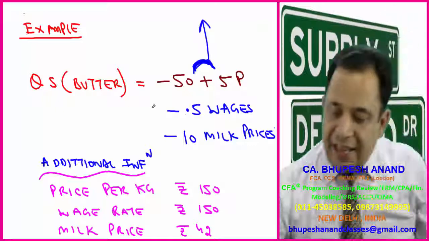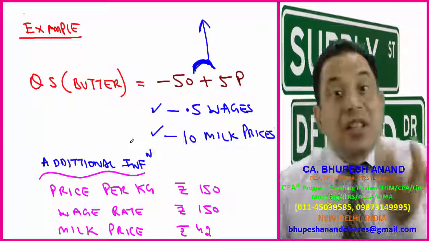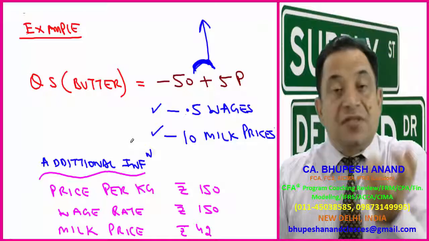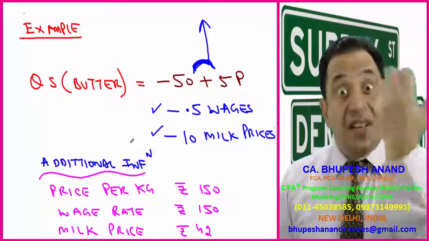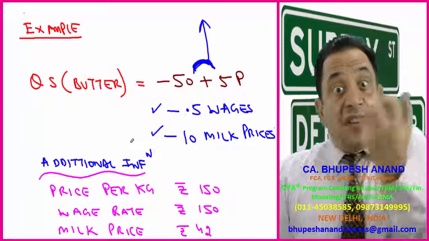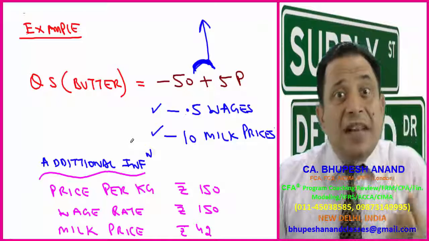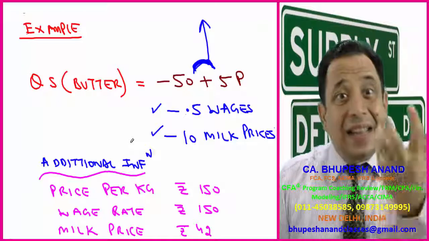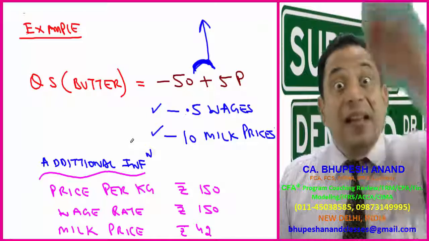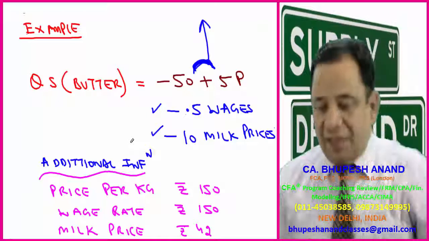And there is a negative relationship with the cost of production, with the factor market items, that is, wage cost. If there is an increase in wages, if there is an increase in raw material cost, if there is a scarcity of labor, in that case the producer will give less supply. So there is a negative relationship.